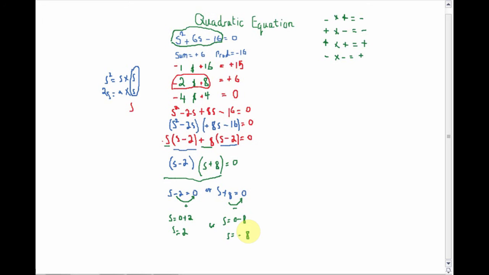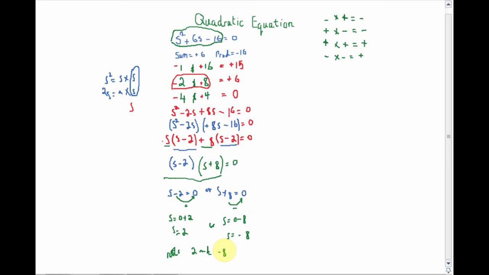So we see the solution of this equation, or the roots of the equation, are 2 and minus 8.